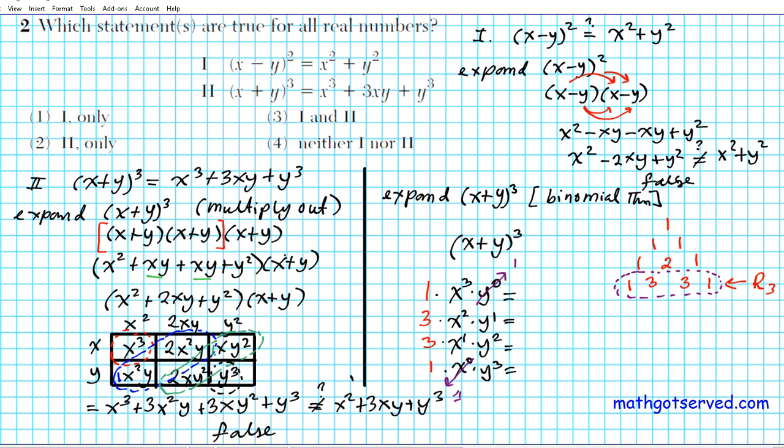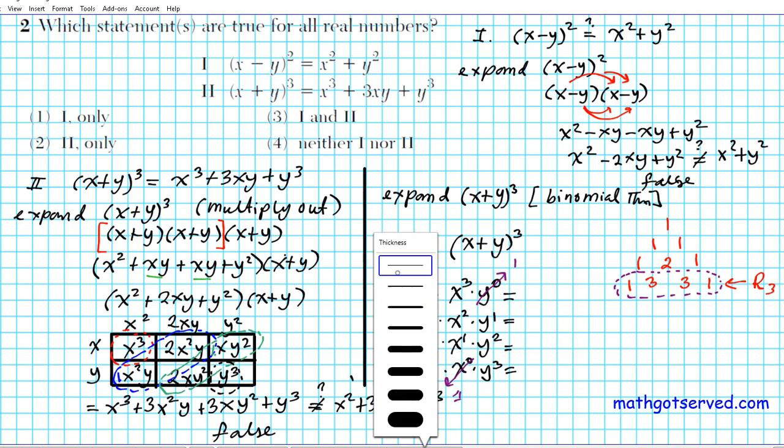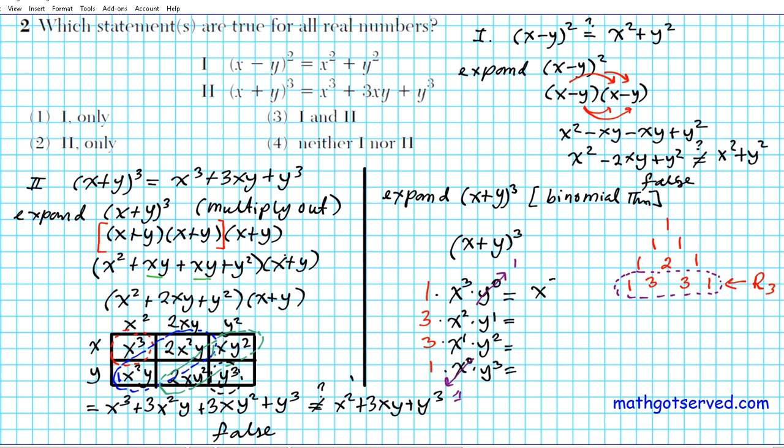So let's multiply them out. 1 times x to the third times 1 is x to the third. And then 3 times x squared y is 3x squared y. 3 times xy squared is 3xy squared. And then 1 times y to the third is y to the third.